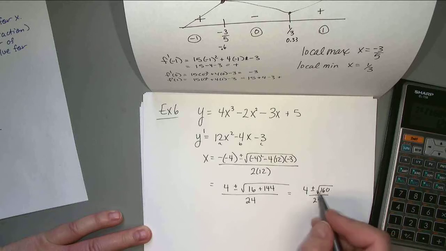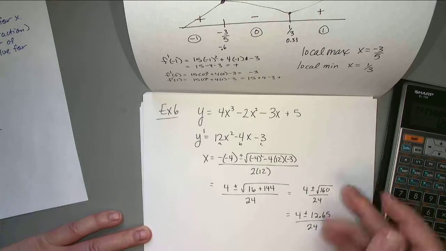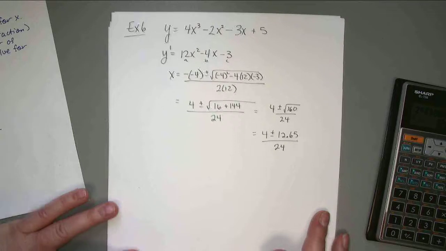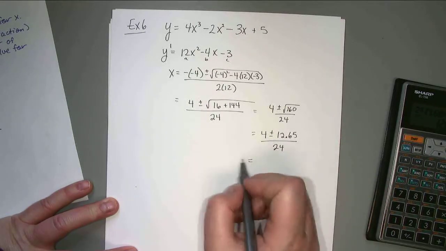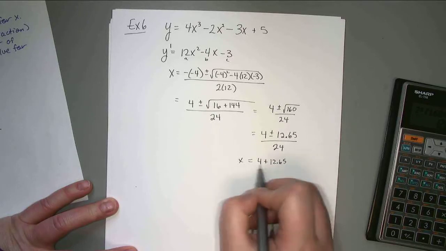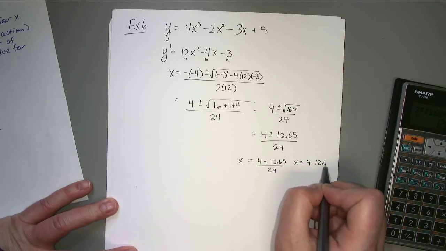So what you would do is put that in your calculator. Keep 2 decimals. Okay, I'm always going to just say keep 2 decimals, so if you're in doubt. So this would be our 2 answers. One is 4 plus 12.65 over 24, and the other one would be 4 minus 12.65 over 24.